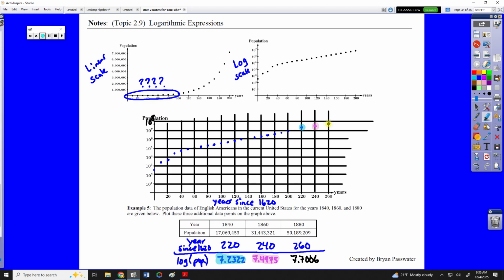So that point would be closer to 10 to the 8th, but still not quite there. Please note that when you graph exponential data on a logarithmically scaled graph, generally speaking, that data will appear linear. And we will talk more about semi-log plots later in the unit.